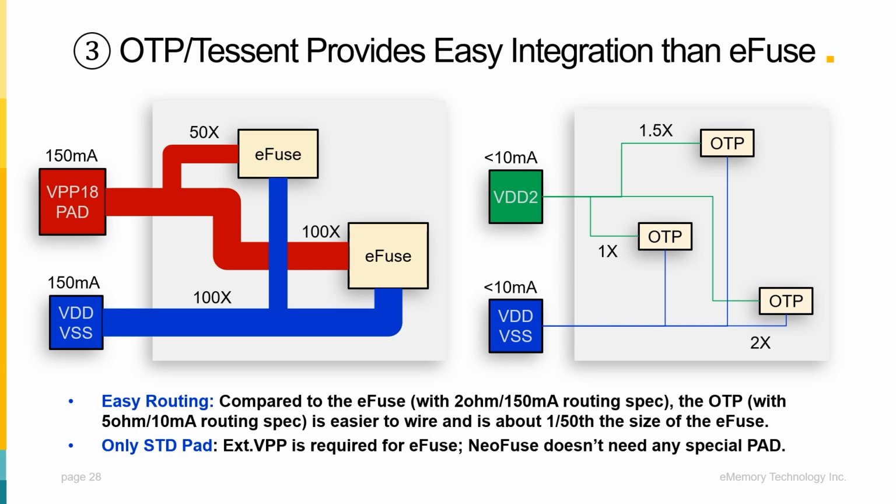This means that in advanced FinFET processes, using OTP as storage is much simpler than using eFuse, due to the relationship between programming current and power consumption. In terms of the most important in-field programming capabilities, OTP also has great advantages.